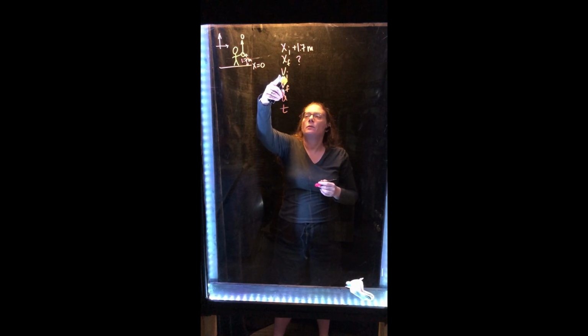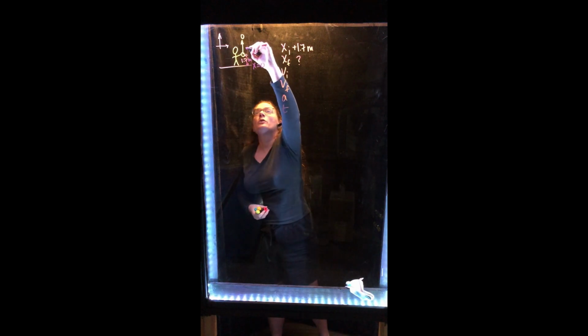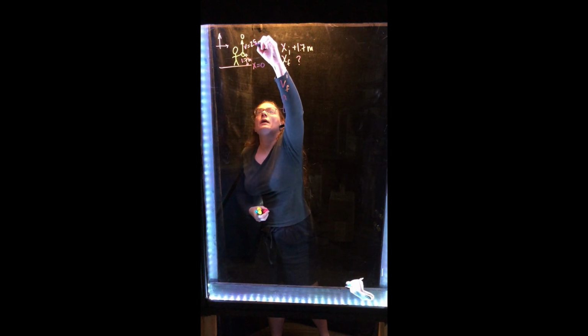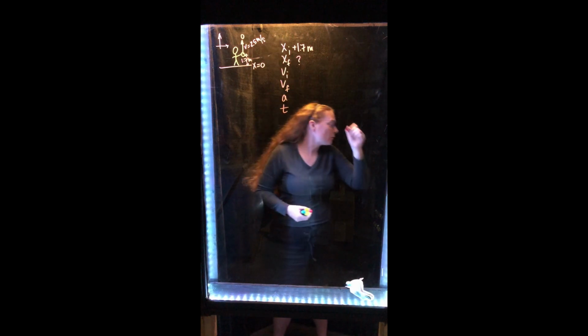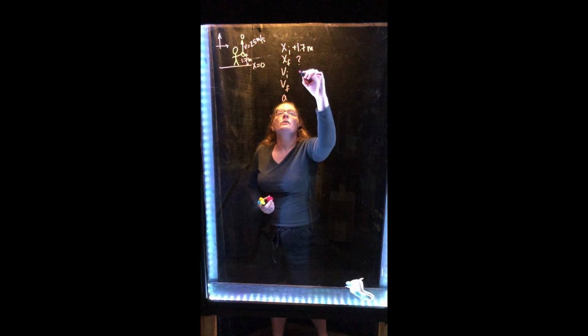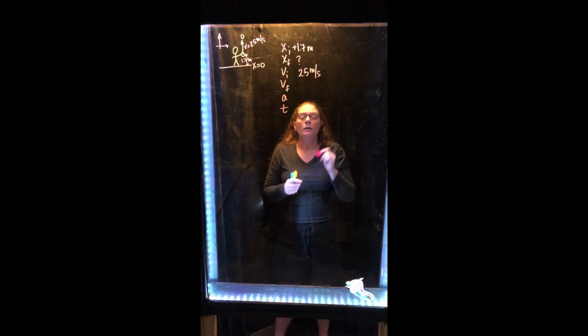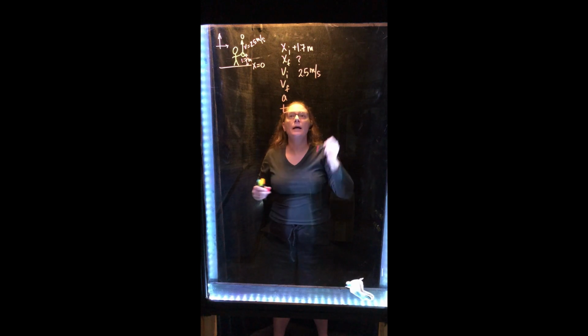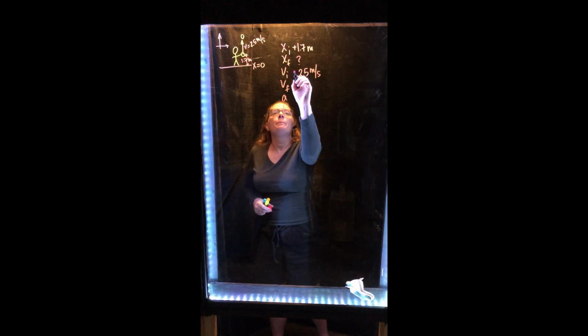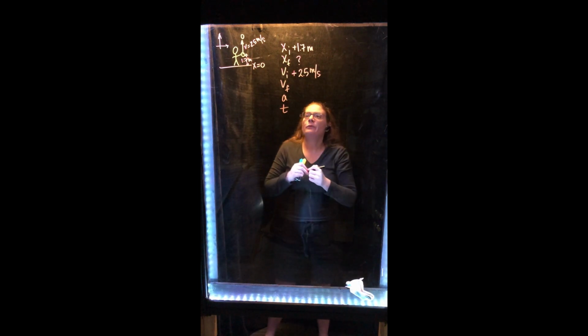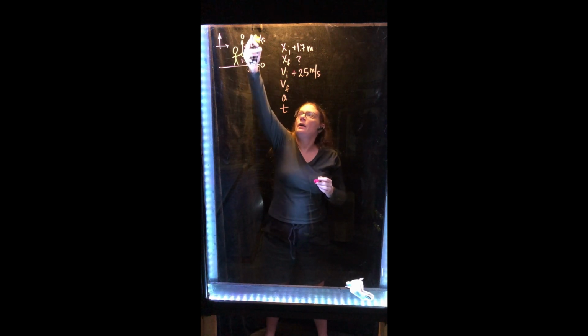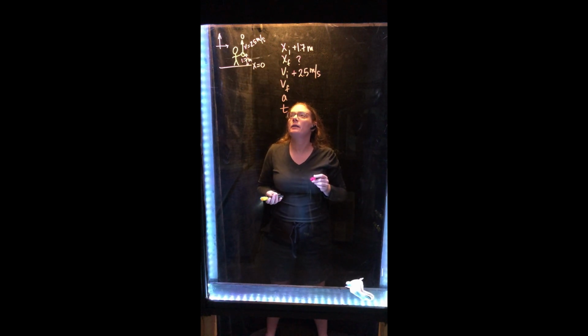Initial velocity, and we were given that. We were told that we throw it at an initial velocity of 2.5 meters per second. But right now that's only a speed. Don't forget that we have to take into account direction because it's velocity, and we're going up. Positive. V final. Okay, do we know anything about velocity at the end point?